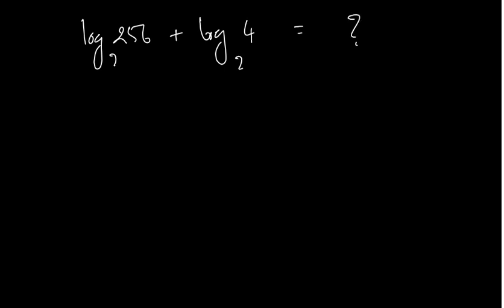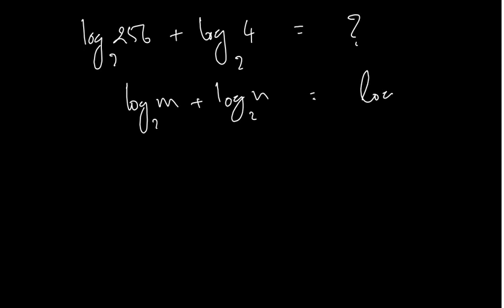So I give the other way, saying log 256 base 2 plus log 4 to the base 2 equals how much? This is the reverse application of the formula. It is given as log m plus log n, of course to the base 2.